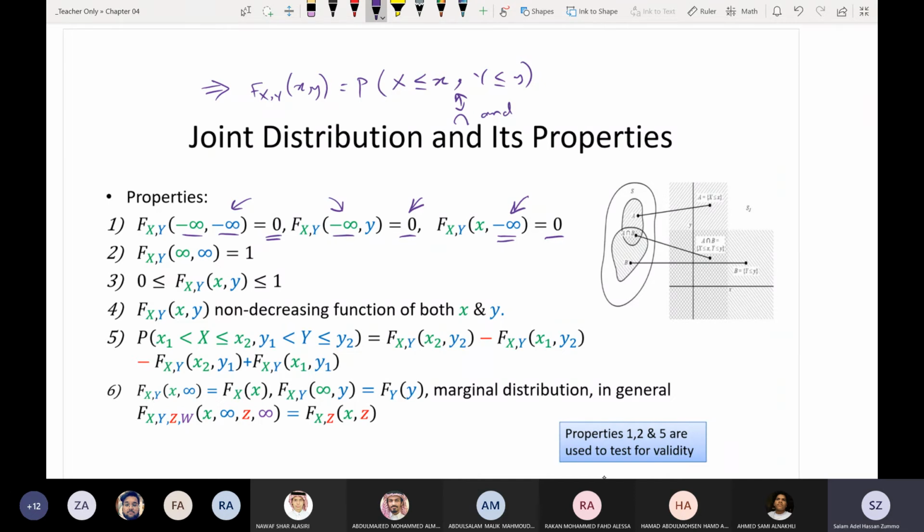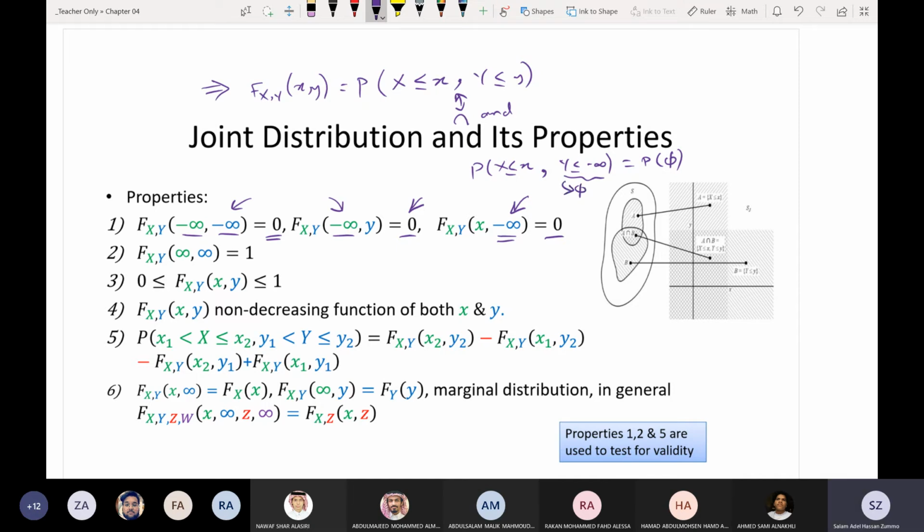Phi. So let's just explain it. This is the probability that x is less than or equal to small x and y is less than or equal to minus infinity. Now this is equal to the probability of phi, because this corresponds to phi.